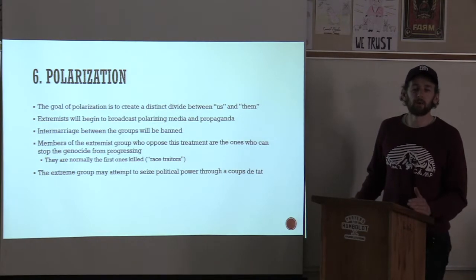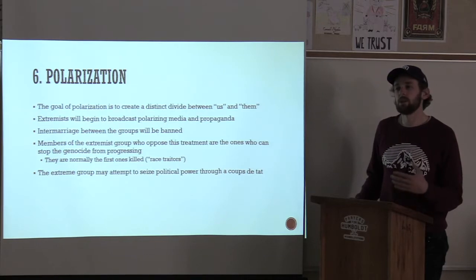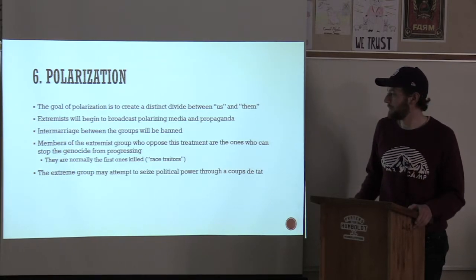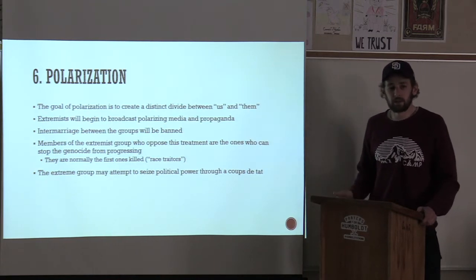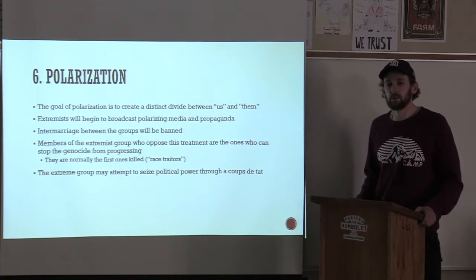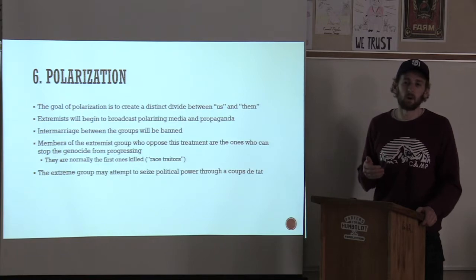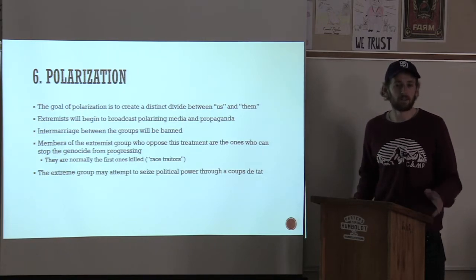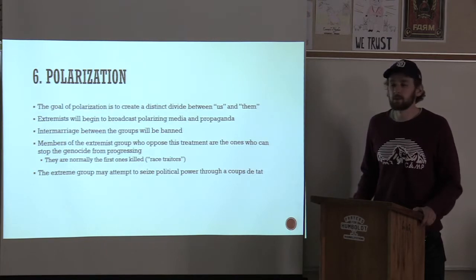Now, the propaganda will start this process, right? Starting to make people hate the lesser group will naturally keep the dominant group a bit away from them. Intermarriage between the two groups will be banned. Now, when a genocide starts, not all members of the dominant group are going to support the actions being taken against the minority group. Some of them will have wives or cousins or in-laws that are part of that minority group, or friends even, and they might not support the laws.